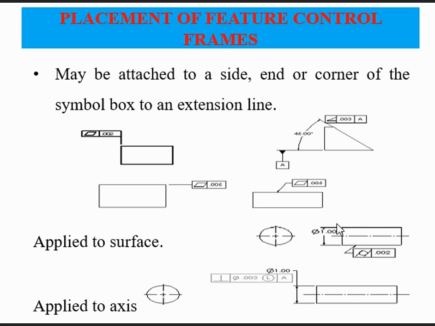So to give a tolerance on a geometry, I am saying that I am okay with a tolerance of 0.02 mm on the cylindricity of this shaft whose diameter is 1 mm. That is what I am trying to convey to you. So GD&T symbols are nothing but a message to a person who is trying to read the drawing.